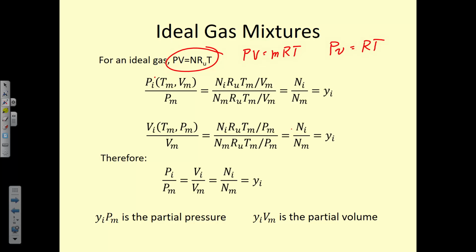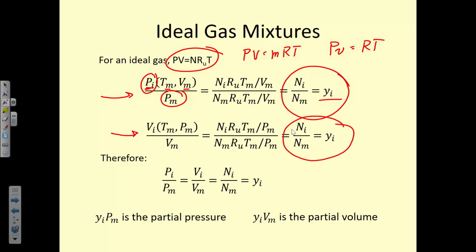So what we can say is if we have some individual gas that's at this individual pressure and a temperature of the mixture, volume of the mixture, we divide through by the pressure of the mixture. This is an equivalent way of expressing this molar fraction. So this is like looking at it from Dalton's law perspective, and this is like looking at it from the Amagat's law perspective.